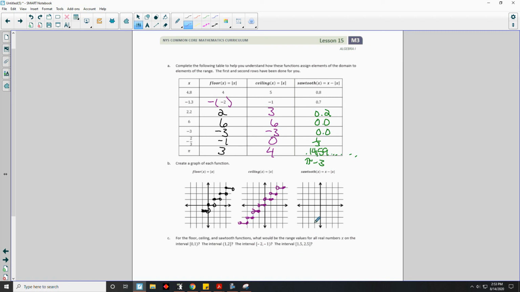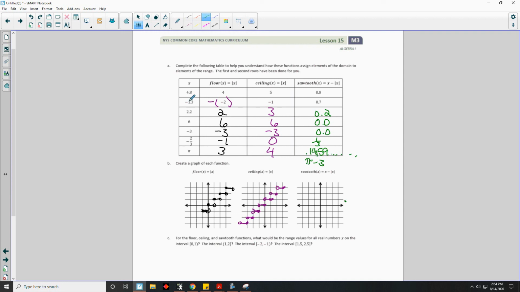All right, now the sawtooth is x minus, so it's this graph. So it's going to be x comma this, 4.8. So I go over 1, 2, 3, 4, almost 5, and I go up 0.8, which would be about here. Let me change it to green. It'd be about here.